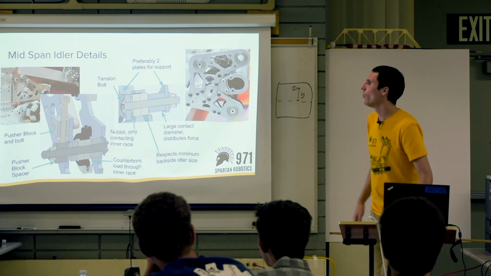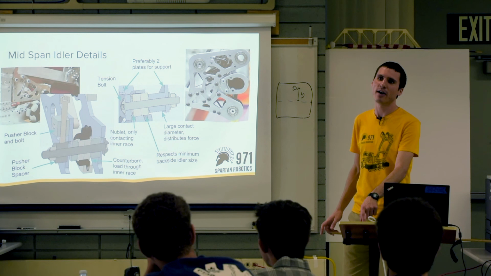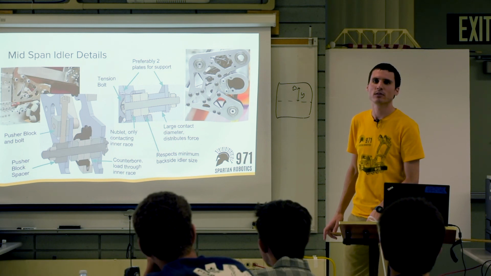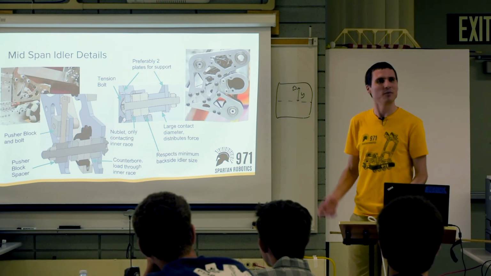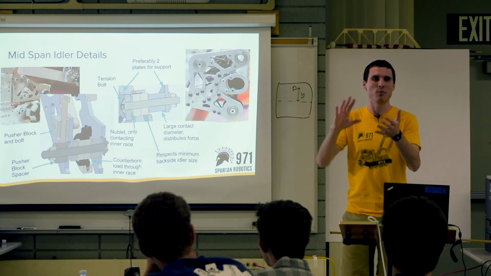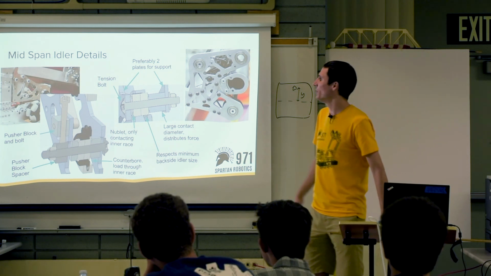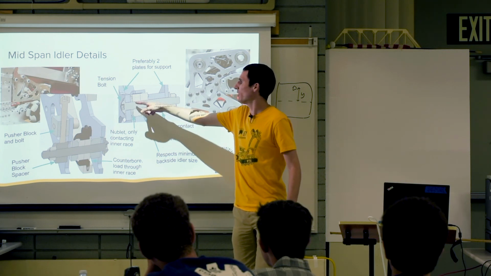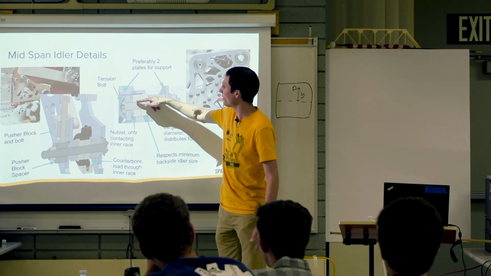So why would it be bad if you had something that touched both the outer race and the inner race? Yeah, you'd have friction there, and then it wouldn't be a bearing, right? You'd basically be clamping the bearing, so it wouldn't have that spin ability. So to have it not touch the outer race, we'll actually put what we call nublets.